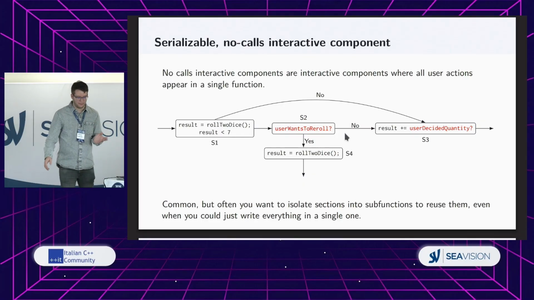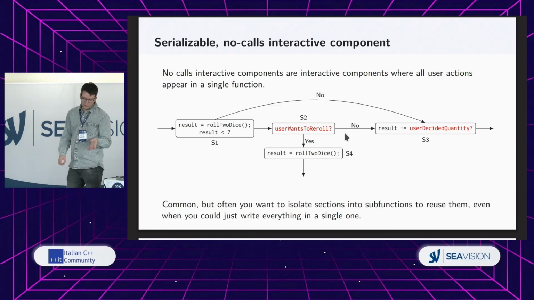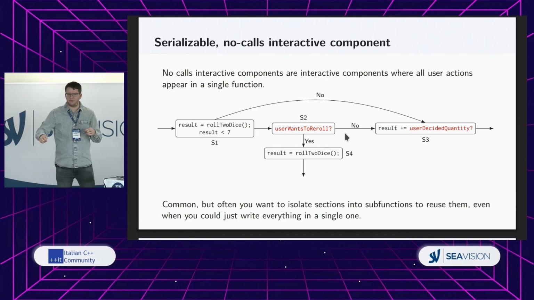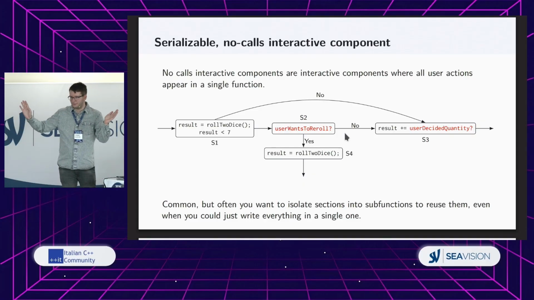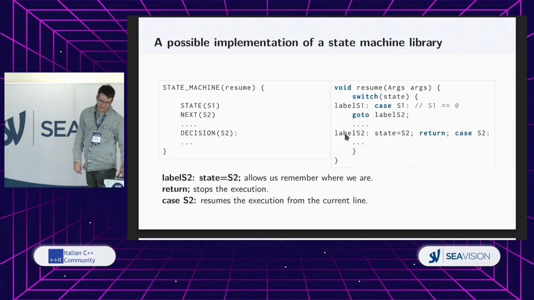It's not a problem. This situation is common, but as we said before, sometimes you want to go beyond it because you want to isolate functions. You want to isolate the user actions in their own functions just because of separation of concerns. You just separate them for separation's sake. And now we will see C++ tricks, I guess.